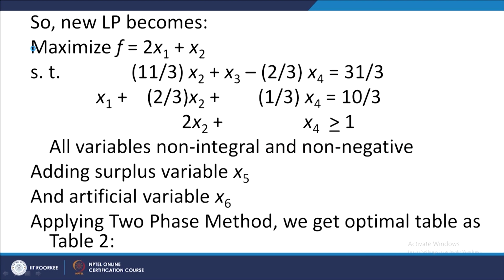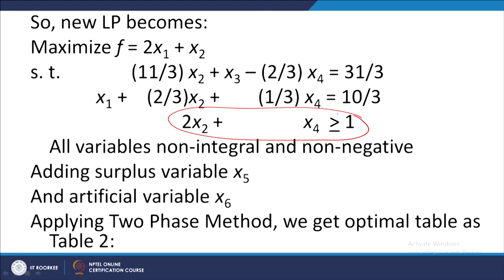Now the new LP becomes the following. The objective function is the same, twice x1 plus x2, subject to 11 by 3 x2 plus x3 minus 2 by 3 x4 is equal to 31 by 3, x1 plus 2 by 3 x2 plus 1 by 3 x4 is equal to 10 by 3, and this third condition is the cut that we obtained in the previous slide.